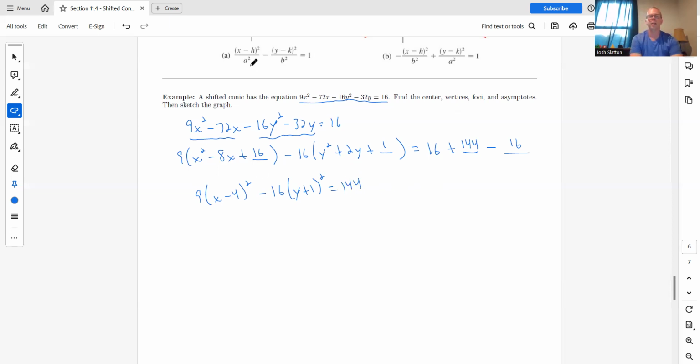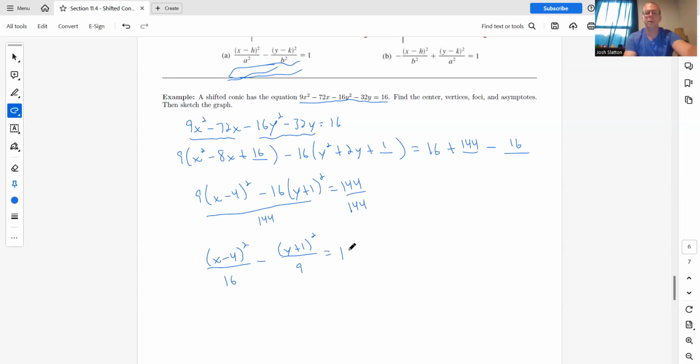And now we need to get it in that form with the 1 on the right side. So we're going to divide everything by 144. We get x minus 4 squared over 16, since 9 over 144 is 1/16, and then y plus 1 squared over 9, and that equals 1.